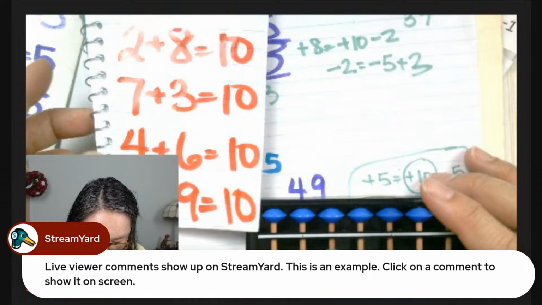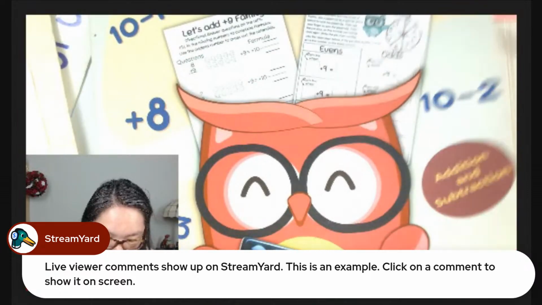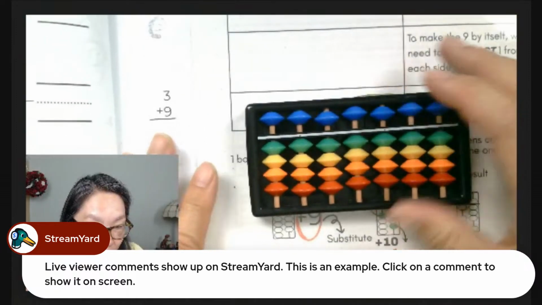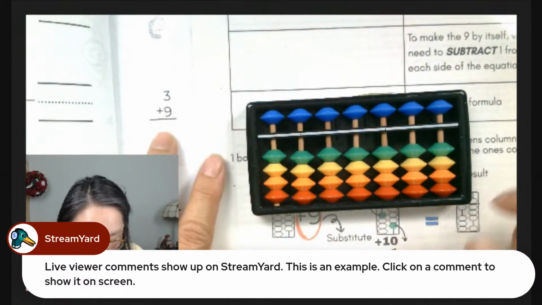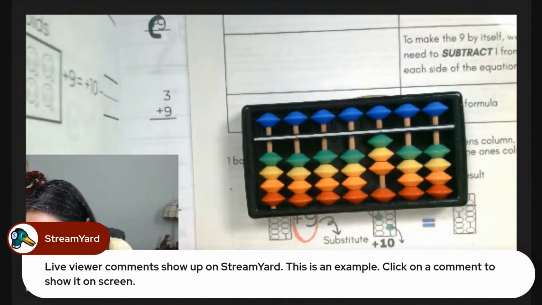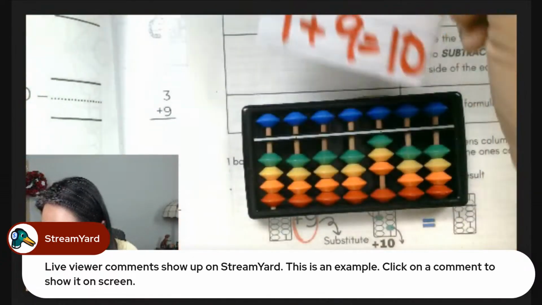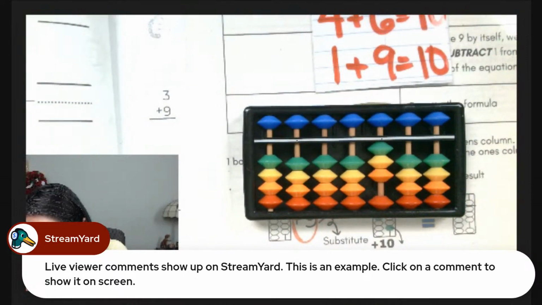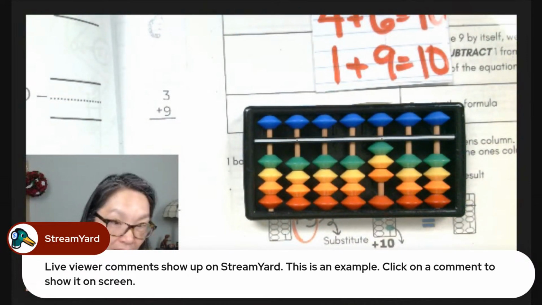Let's do a question. I want to add 3. So if I add the 3 on the abacus, I want to add 9, but I cannot add the 9. But wait, we know this concept. We know 9 plus 1 is equal to 10. Well, how do we change it?